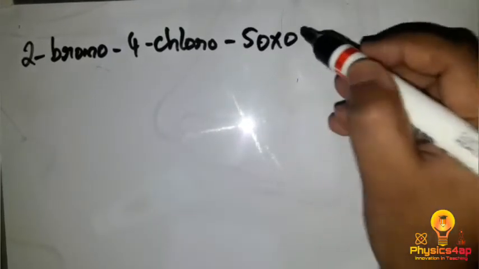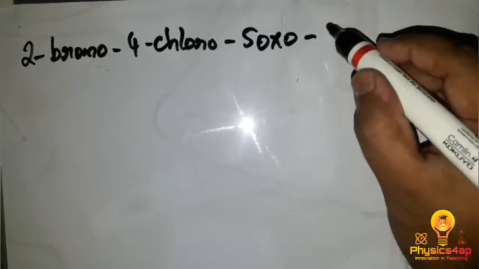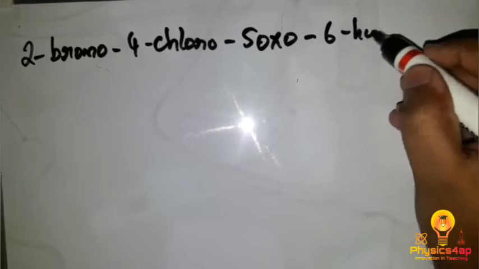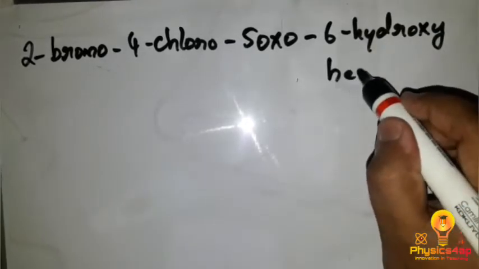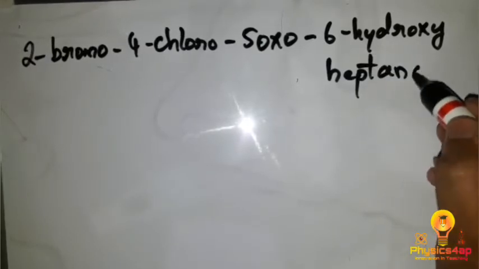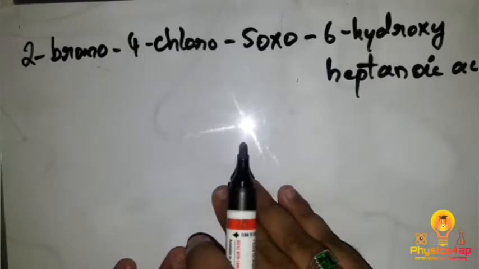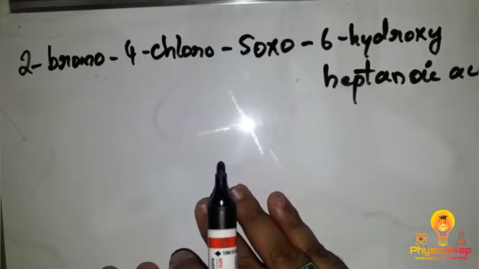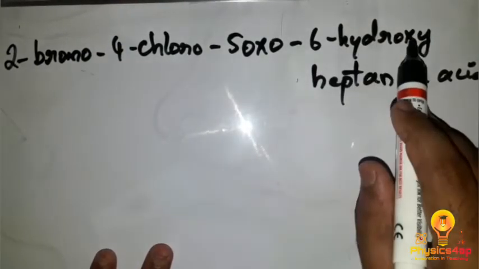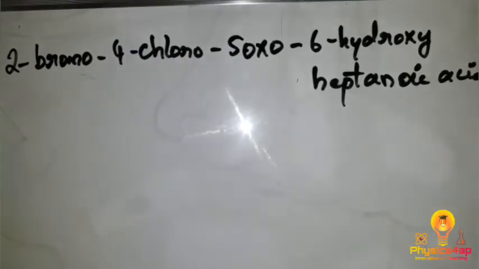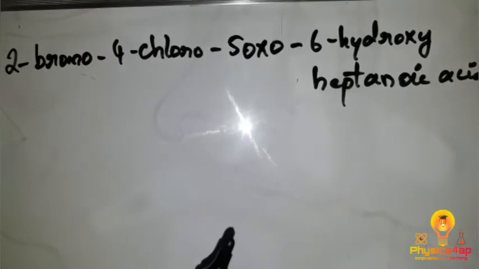So 2-bromo, 4-chloro, 5-oxo, 6-hydroxy heptanoic acid. According to alphabetical order it should come in order.